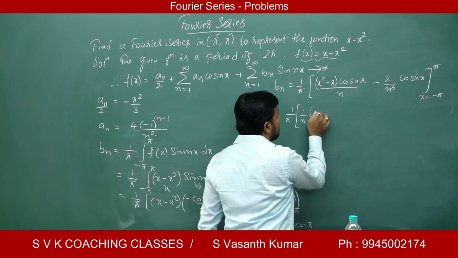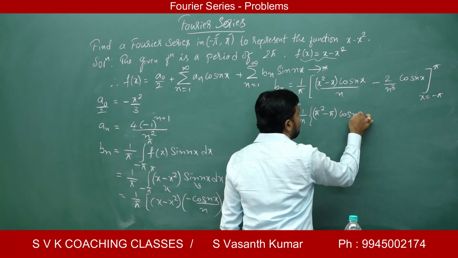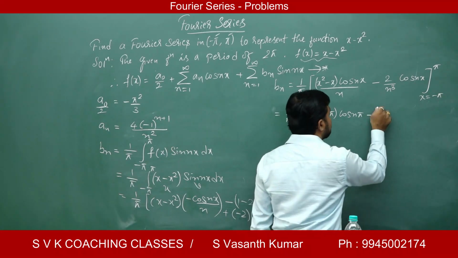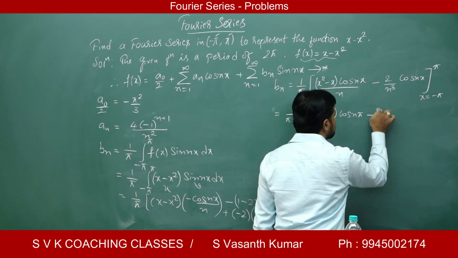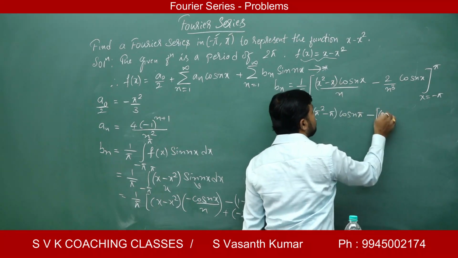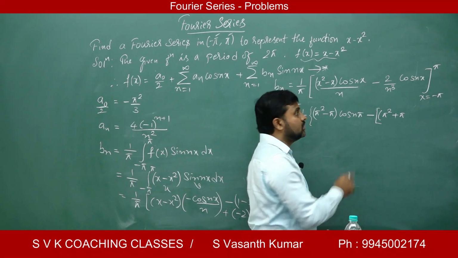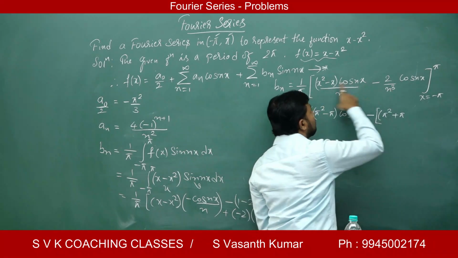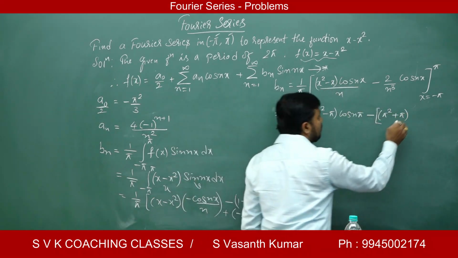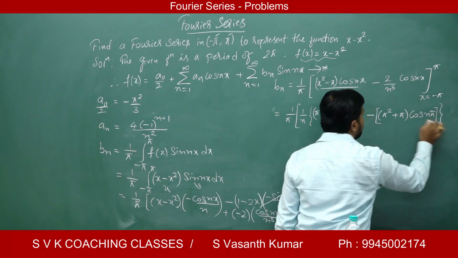Apply the upper limit x equal to pi: pi square minus pi into cos n pi, minus the lower limit. Substituting the lower limit, x equal to minus pi, we get pi square plus pi, and cos of minus theta is cos theta, so it is cos n pi.